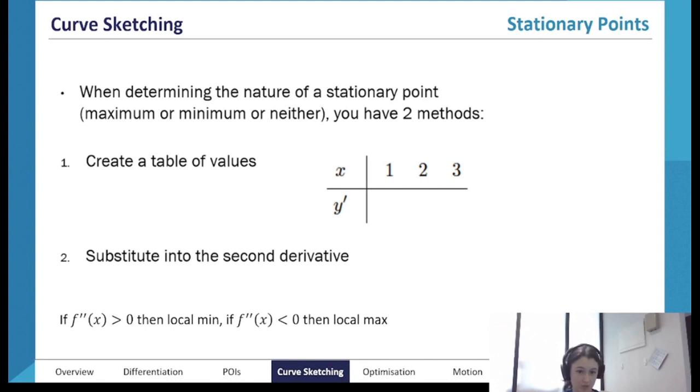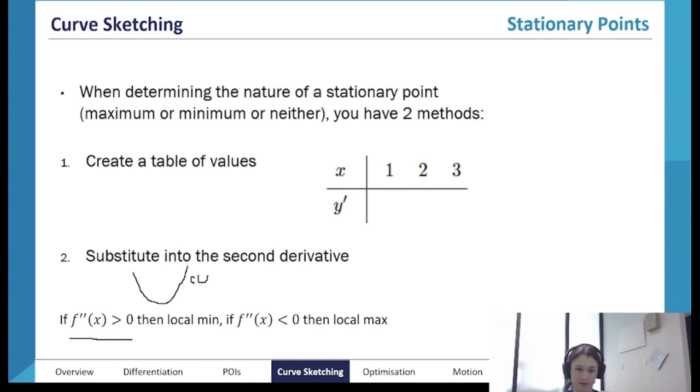The second option is to use what we call the second derivative test, which is where we substitute the x value that we found into the second derivative. The reason that this works is because remember our second derivative tells us about the concavity of the curve. So, I'll draw this for you guys, if our curve is a local minimum, then it's going to be concave up, which means that our second derivative is going to be greater than 0.